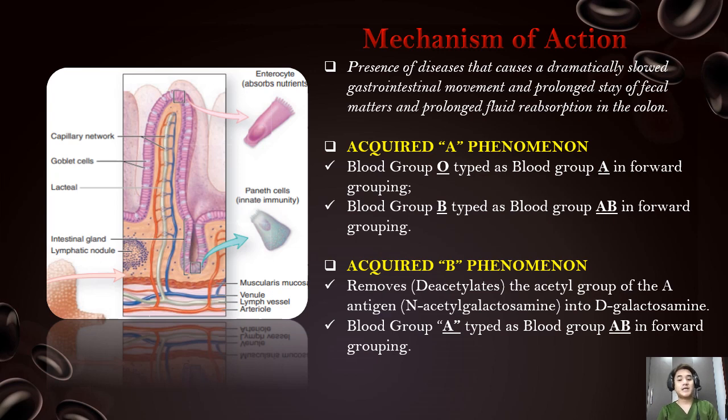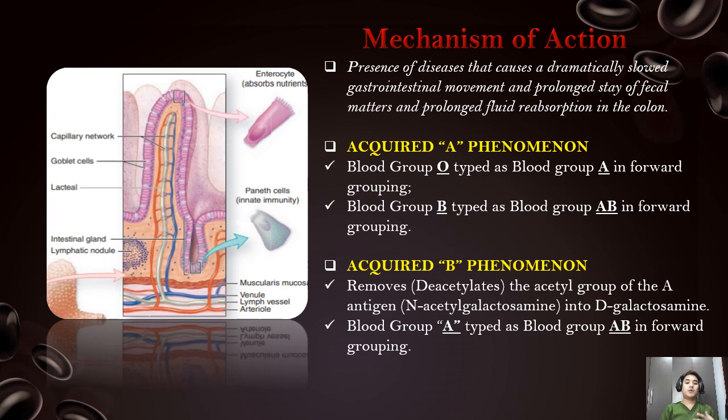So as I was saying a while ago, the presence of any sort of gastrointestinal disease that results in dramatically slowed gastrointestinal motility is actually the main problem. So we all know that the final digestion and fluid reabsorption take place in your colon or large intestines, and that we actually have billions of normal microbiota in our gastrointestinal tract.